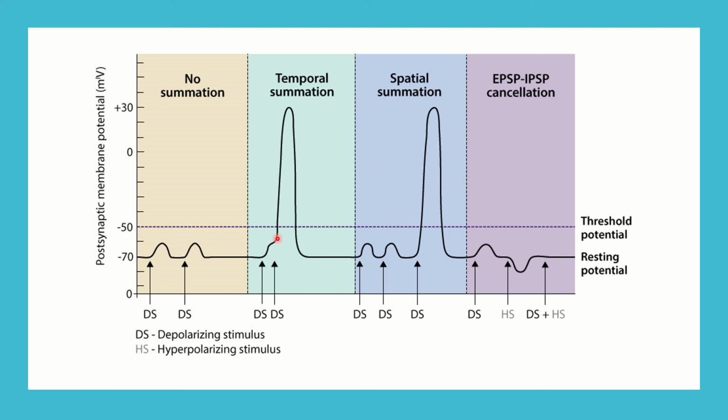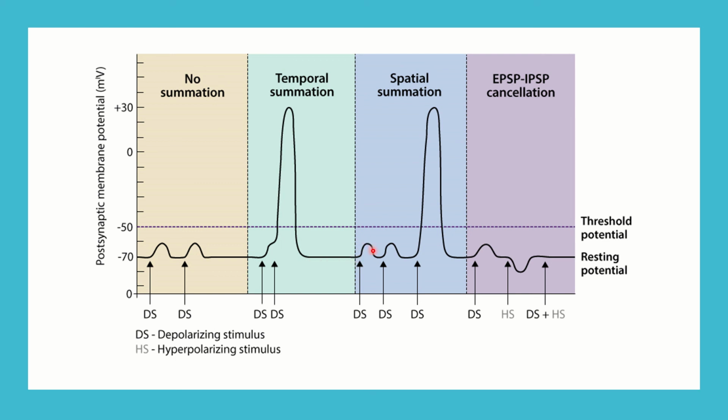Once we reach that value, we're going to generate an action potential, okay? And so this is an action potential, and we'll talk about this in the next video. So this is an action potential that we will see propagating.